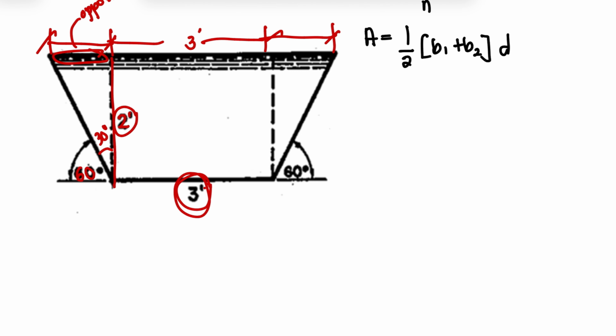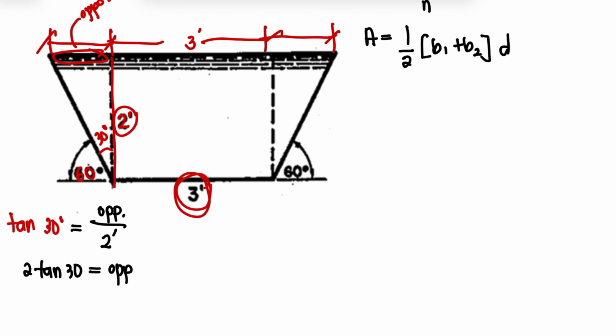So since we have the adjacent and then the opposite, we have TOA, tangent 30 degrees is equivalent to the opposite over the adjacent 2 feet. So for the opposite, we have 2 tangent 30. Let's try to solve for the opposite.